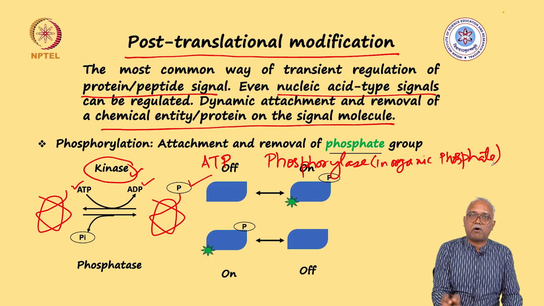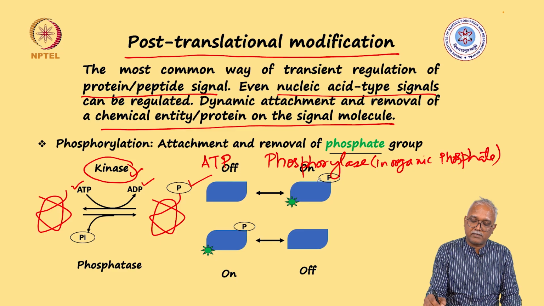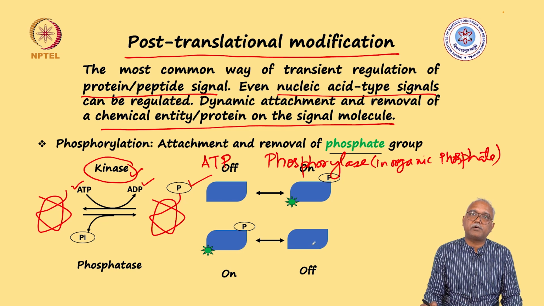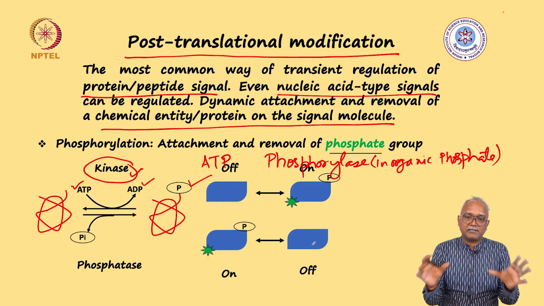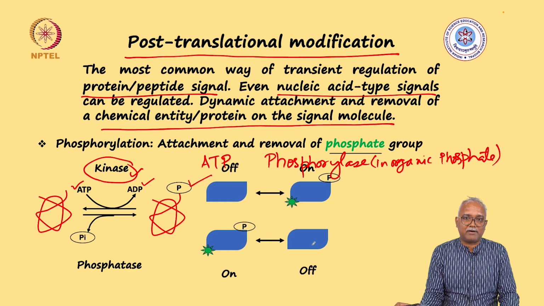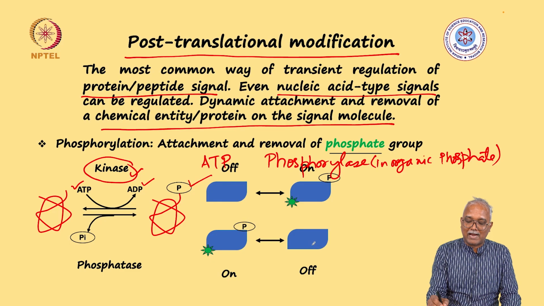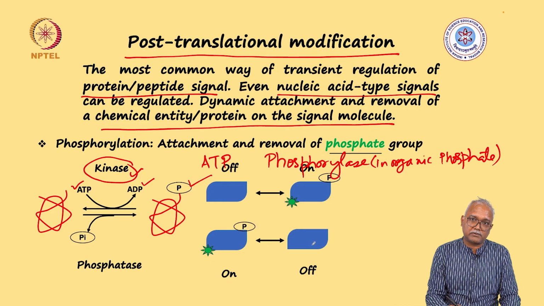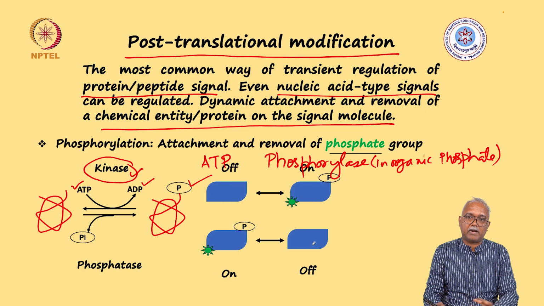What this phosphorylation often does is that it may activate the protein which was inactive, or it may inactivate the protein which was active. So don't consider phosphorylation as a process which will always activate the system. It can activate, it can deactivate also. Certain molecules are active when they are not phosphorylated. When time comes, they need to be phosphorylated and kept inactive.